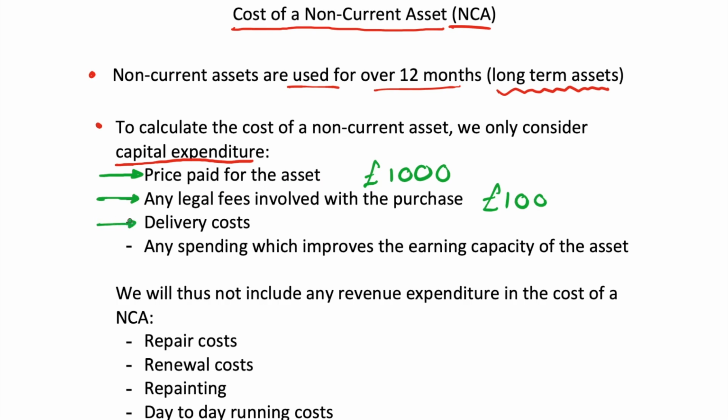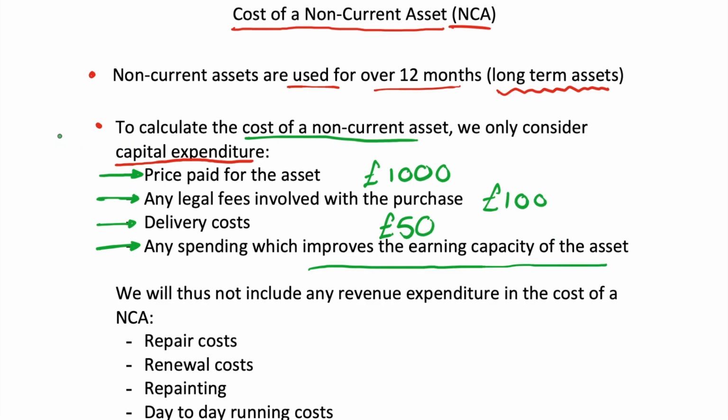Also, any delivery costs. So if it's a very big machine, these delivery costs may actually be quite sizable. So this is important to include for some assets in particular. So say if we had £50 for delivery, we would include that in the cost of a non-current asset. And the final one is any spending which improves the earning capacity of the assets.